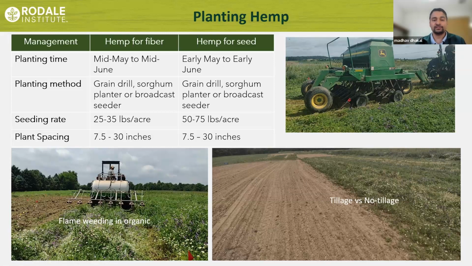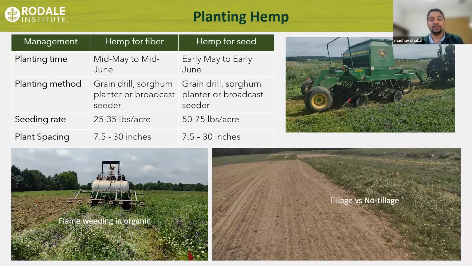The ideal condition is a well-prepared, fine soil where you plant your hemp with the drill or the planter. But I'm talking about the organic production of hemp, so we are not. In a regenerative system, maybe you are interested in producing hemp after the cover crop or with the cover crop residue on the top.